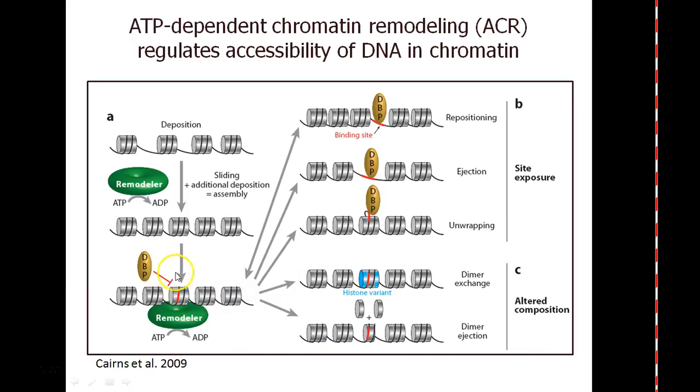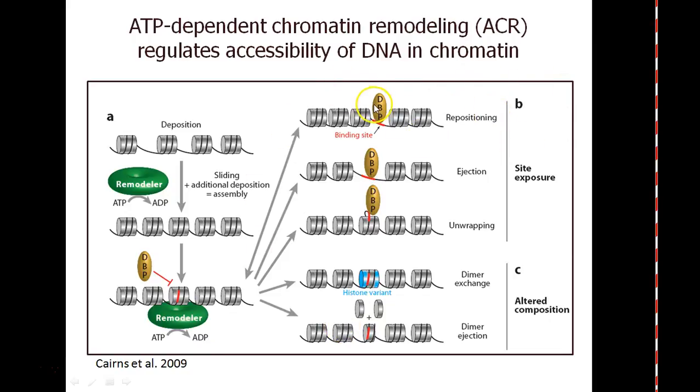And in this conformation, this regulatory element is not easily accessible for DNA binding protein because it's wrapped around the histone octamer, and this DNA binding protein may not have easy access. So what's going to happen? This ATP-dependent remodeler is going to be recruited to this place. It will bind to this octamer here, and it can use ATP energy to alter the interactions between the DNA and the histone octamer, and this can result in different chromatin remodeling outcomes.